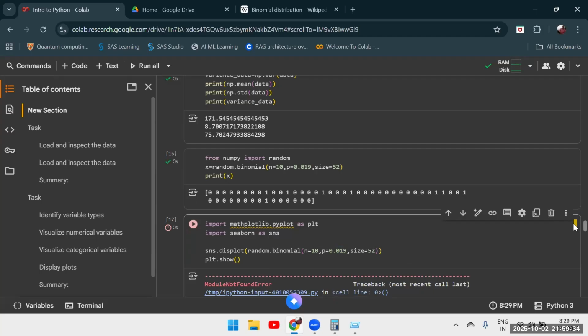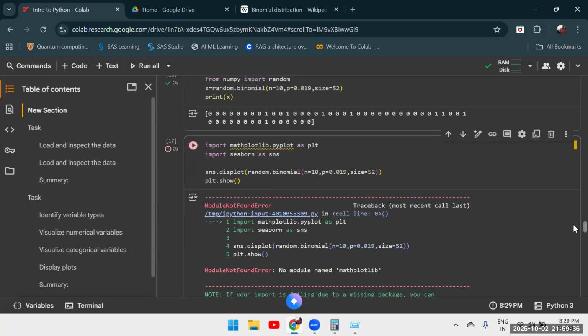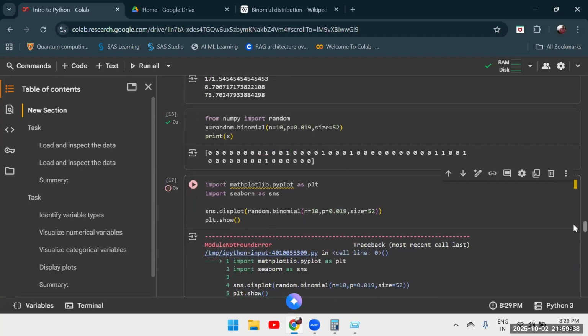Import matplotlib.pyplot as plt. It says no module named matplotlib. Why? Remove the H. Ah, right, it's M-A-T. Yes, you are right.